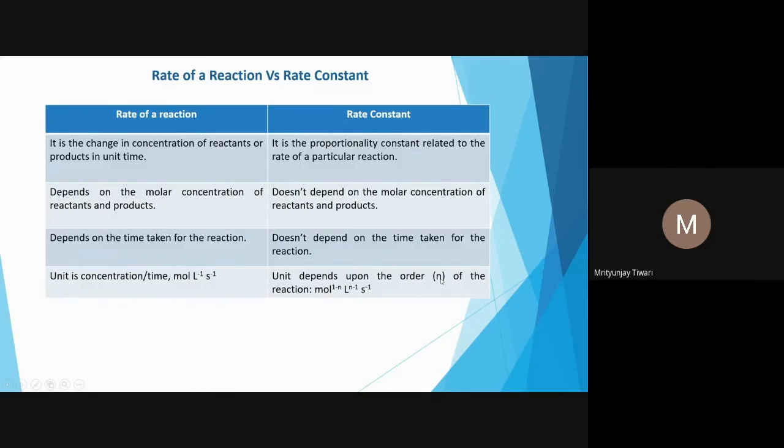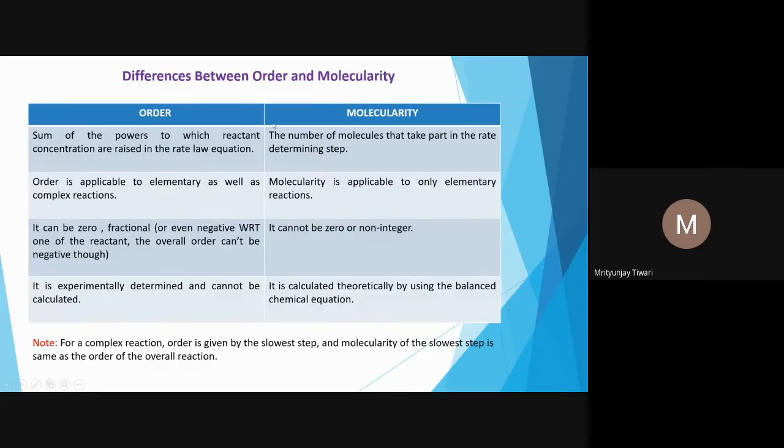If the order of reaction is n, the unit will be mole to the power 1 minus n, liter to the power n minus 1, per second. Or in terms of concentration, it is concentration to the power 1 minus n, divided by time.